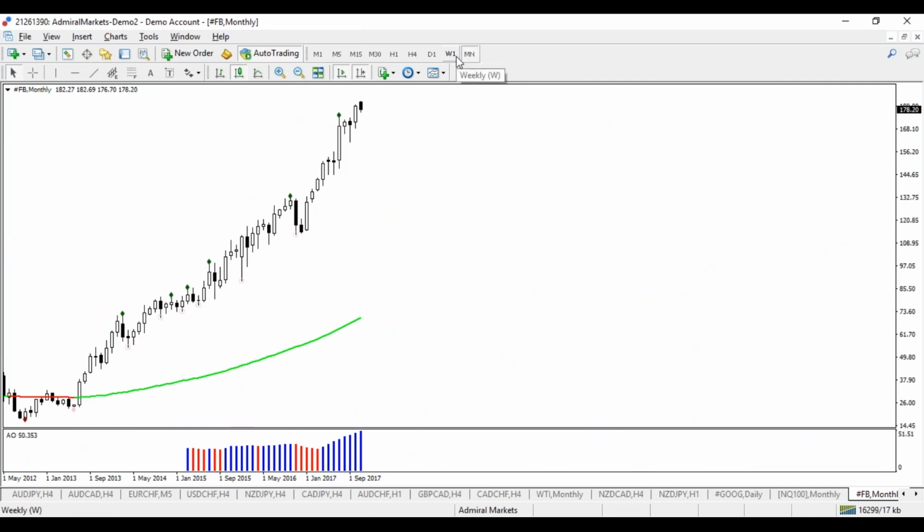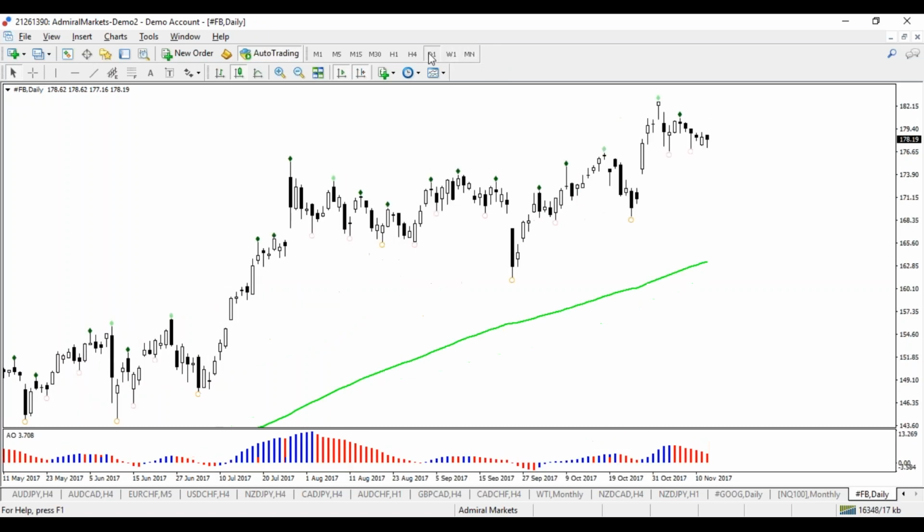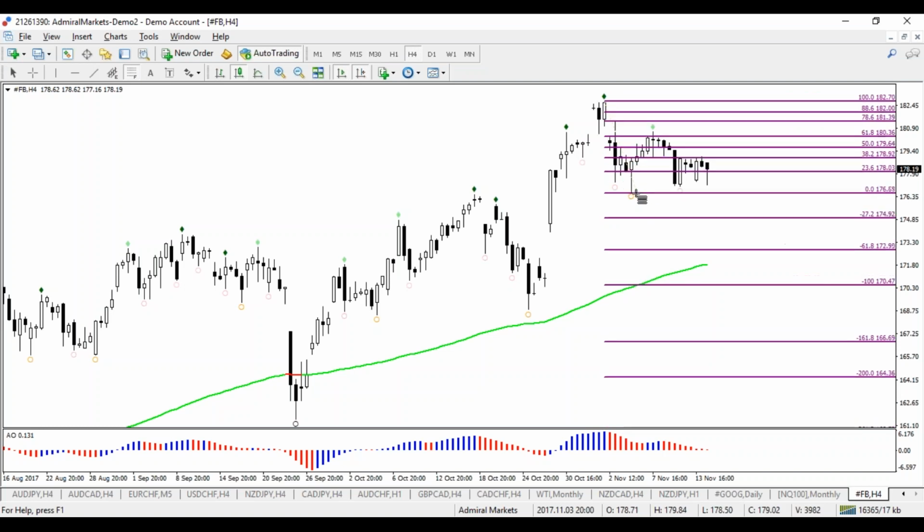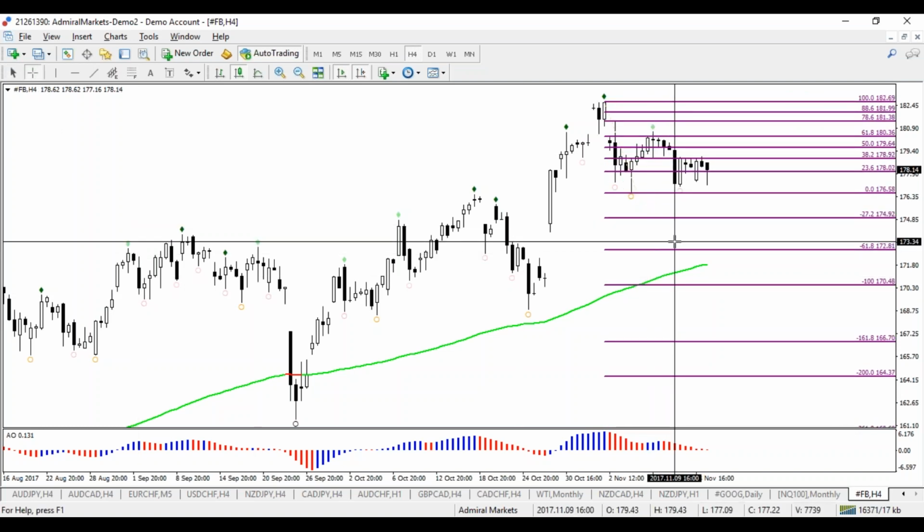An uptrend, not surprising, following, of course, the entire market as well. I'm not a CFD analyst.